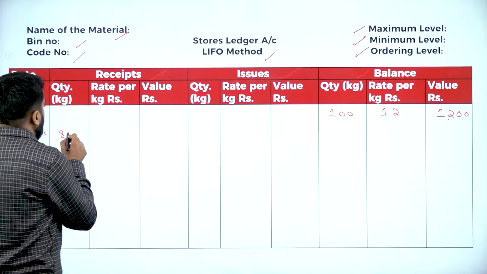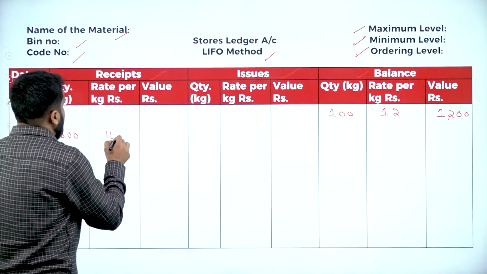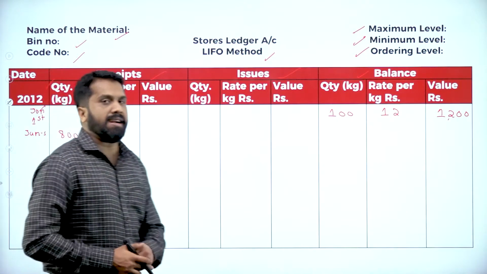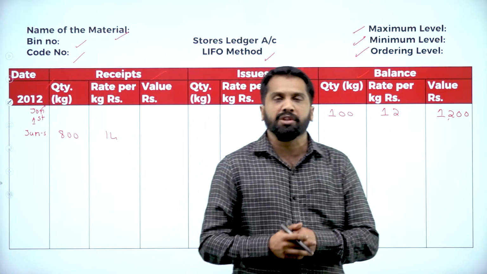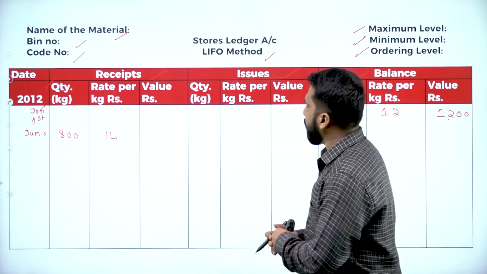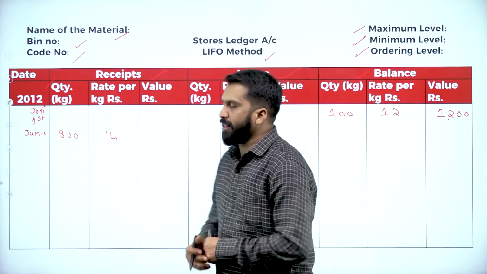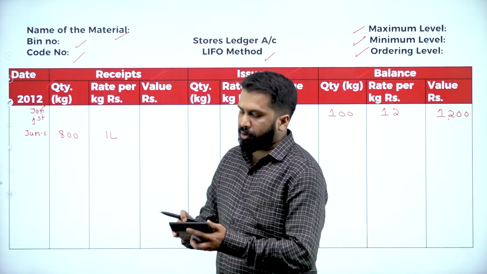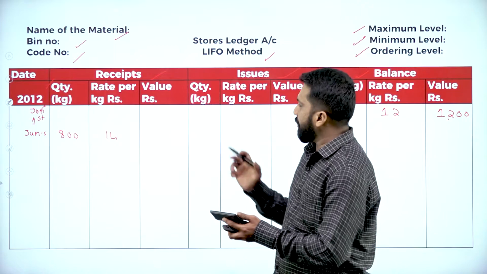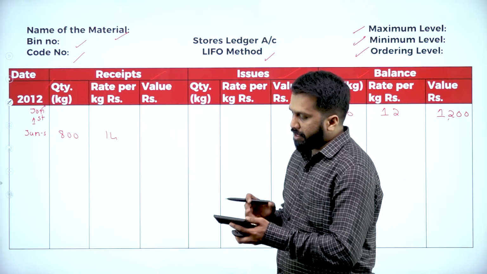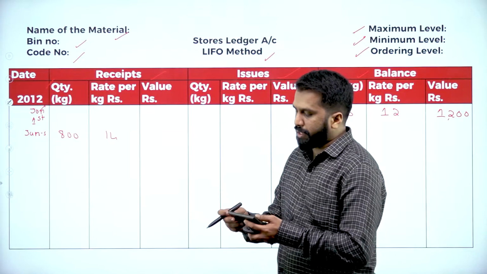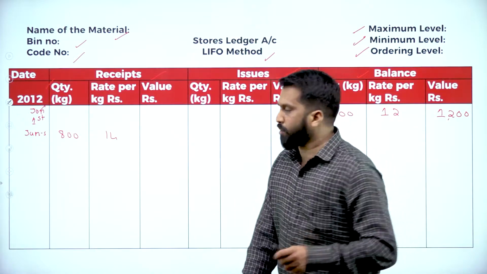Here the price is 14. 800 into 14, how much? So I'll calculate once. 800 multiplied with 14. It is around 11,200.